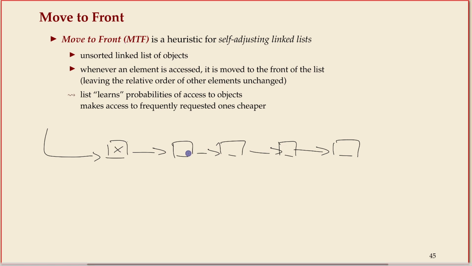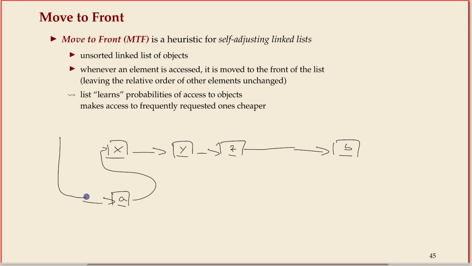So if you have some entries here, and I have an access to A, I have to follow through this, but then after I access A, I'll move this to the front. So I'll take the pointer here, point to here, and move the overall tail to A. So if I access A straight away again, it's at the front. If I access it without many other things in between, it will still be close to the front.